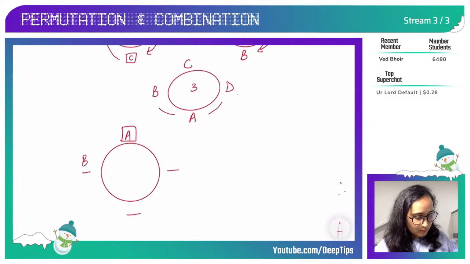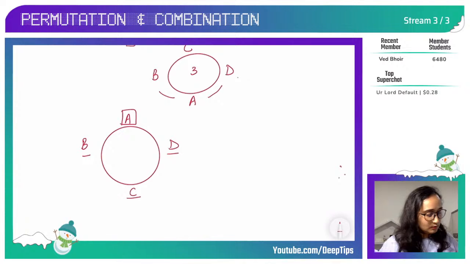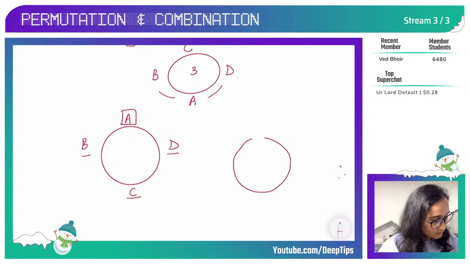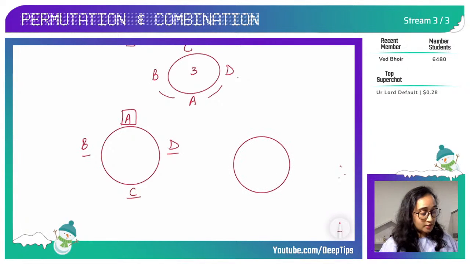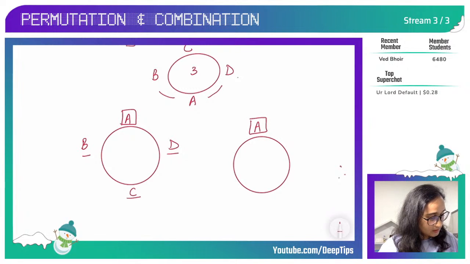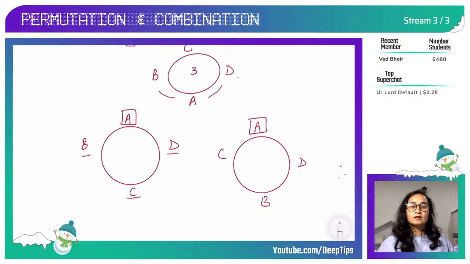So now this B, C and D can arrange themselves, right? So I have fixed the place for A, so let's make one more arrangement. Now A stays here. Okay, now if I shift C here and B here, D here. Okay, now can you see?